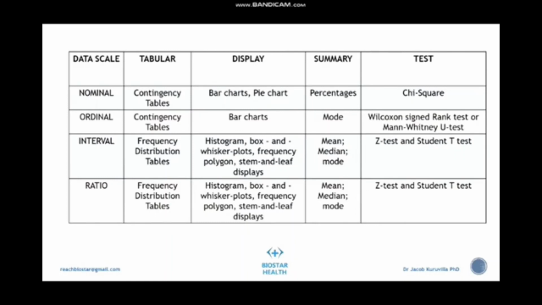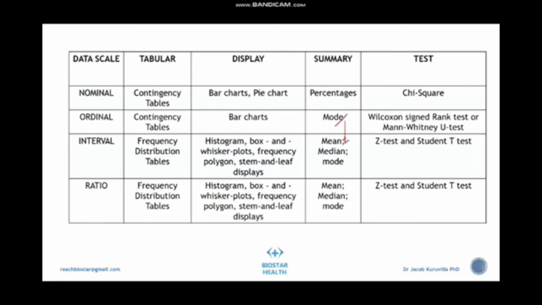have different types of presentation. Data scales and levels decide specific types of tabular presentation, specific types of display, specific types of summary, and specific tests. And this is an example of all these things. Usually we present nominal and ordinal data by contingency table and display through bar charts, and summary is taken through percentages for nominal, and we have mode representation for summary in ordinal.